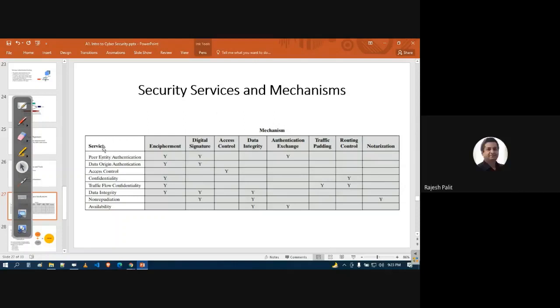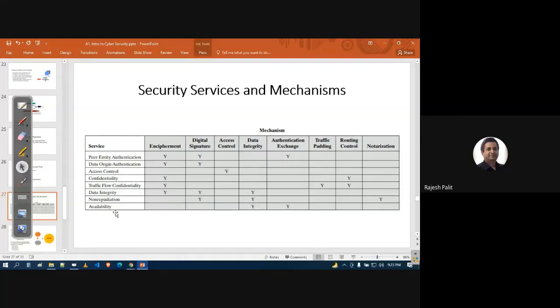So these are the services on the left column, and these are the mechanisms used in parts. For example, for data integrity, we can use encipherment, we can use the digital signature, and definitely the hash function. Or for non-repudiation we use digital signature and then data integrity.